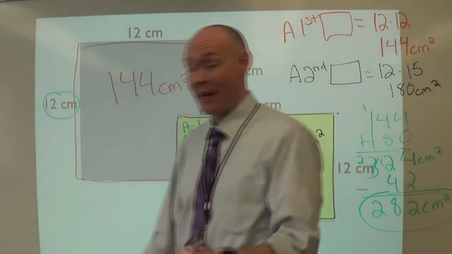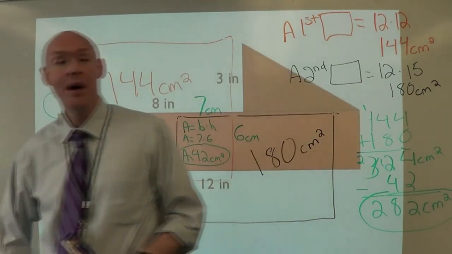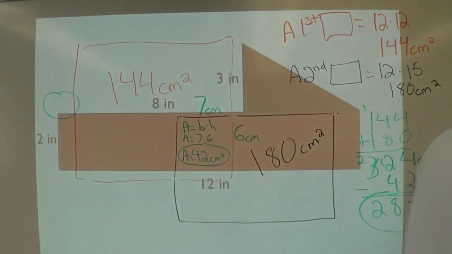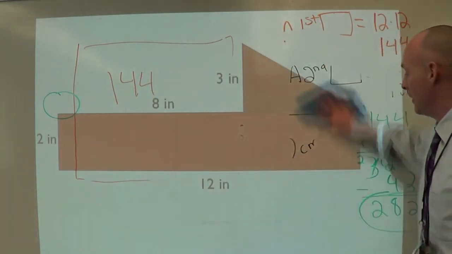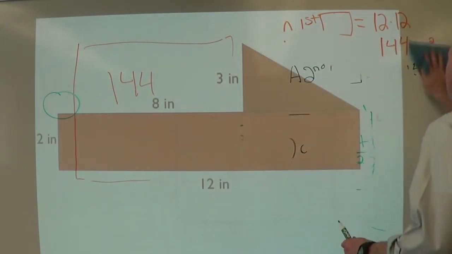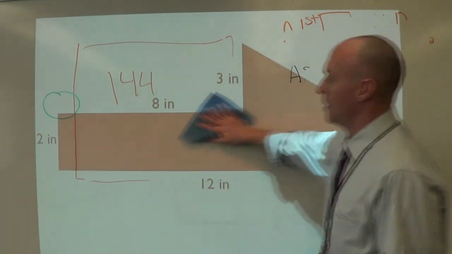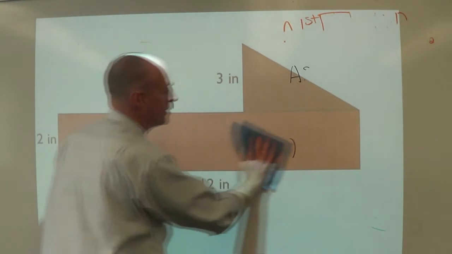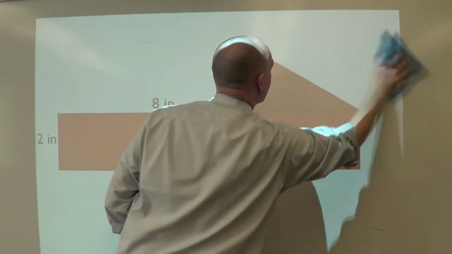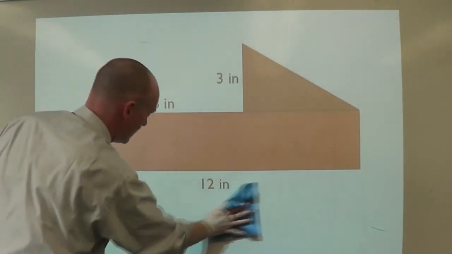I'm going to give you a chance to practice. Here I have a composite shape. I want you to try this one on your own. First, take a look at it. Excellent.